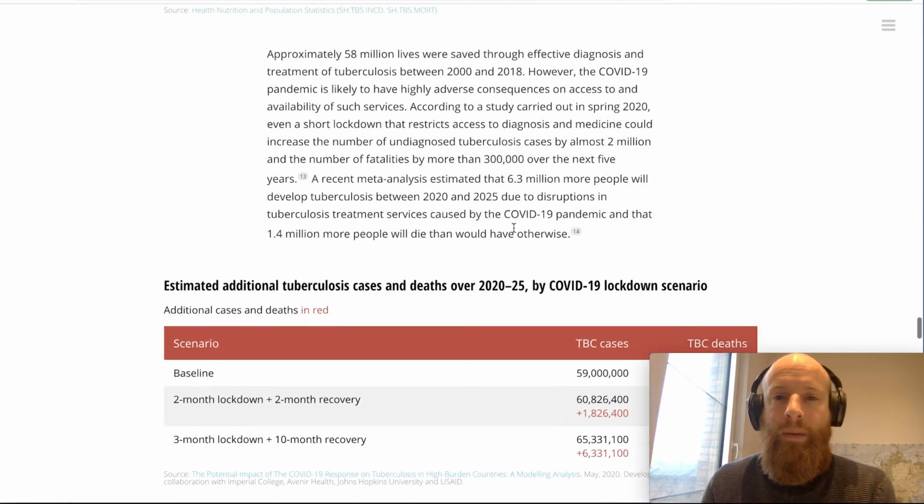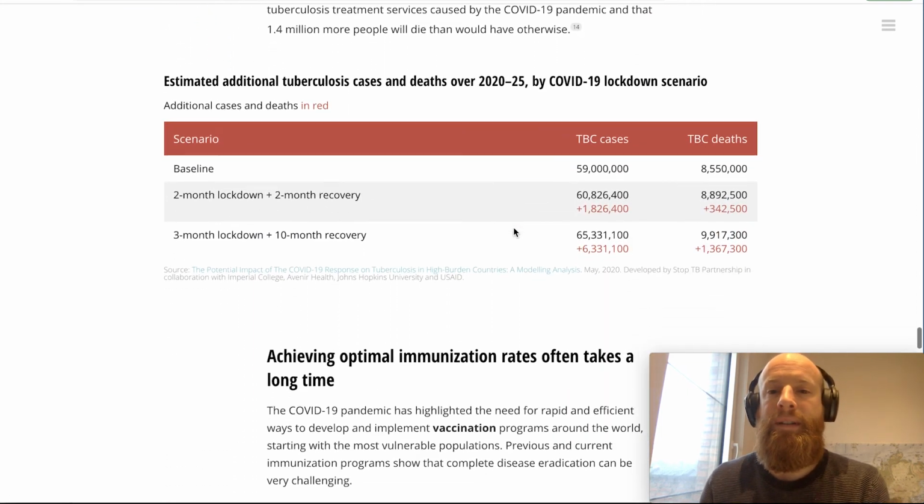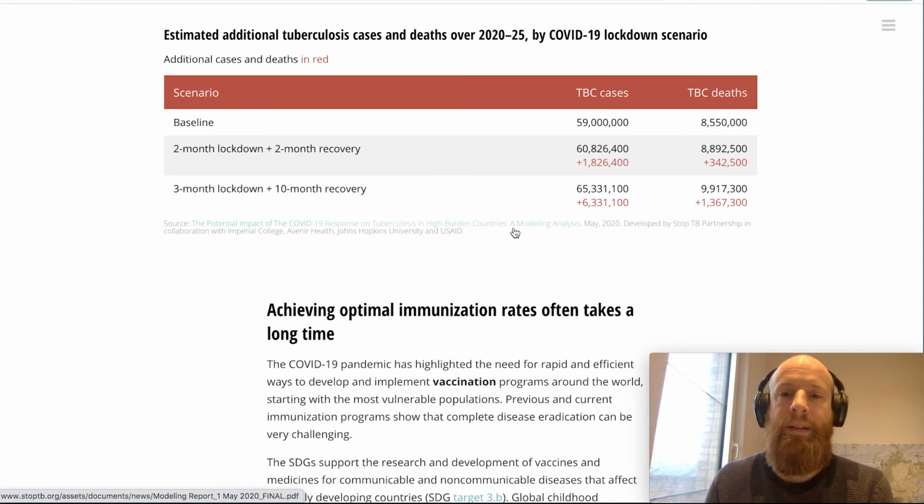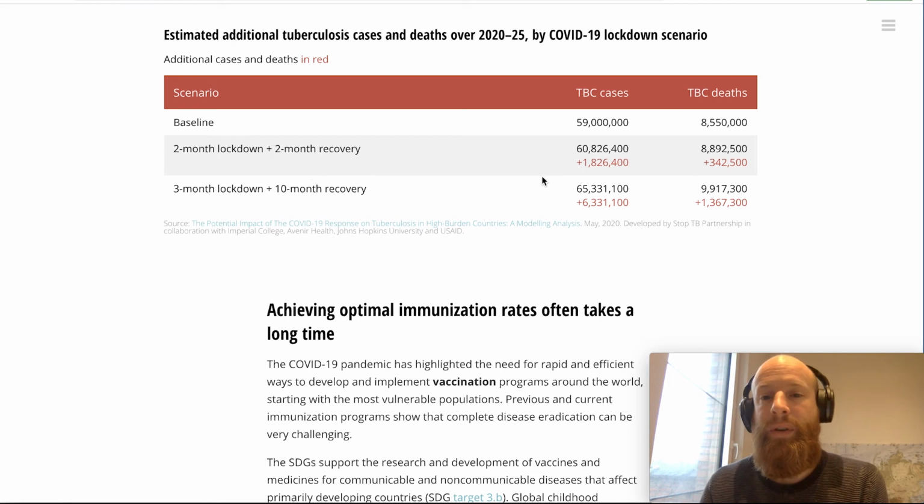Then again, there was a study that estimated the impact of lockdowns on the treatment of tuberculosis. You can see that for these two lockdown scenarios, a lot of additional tuberculosis cases are estimated to occur, and also a lot of tuberculosis deaths. We are talking about hundreds of thousands and even a million additional deaths.